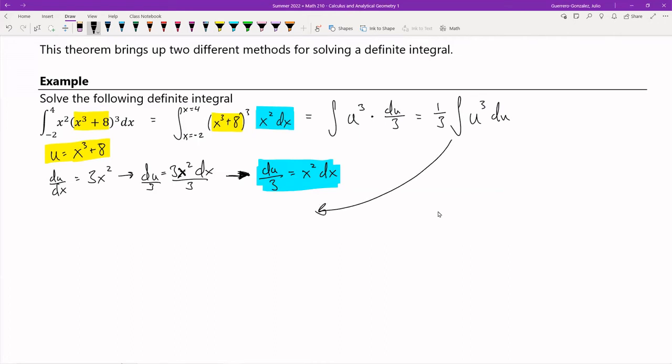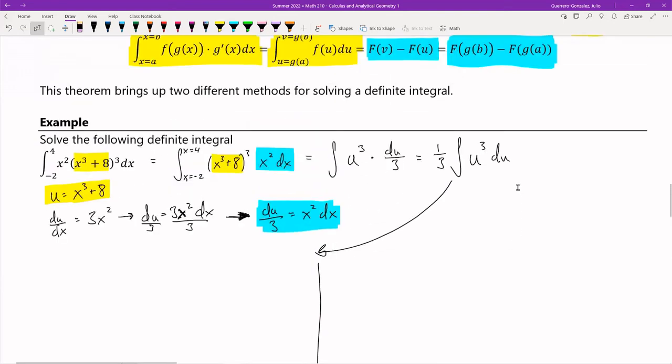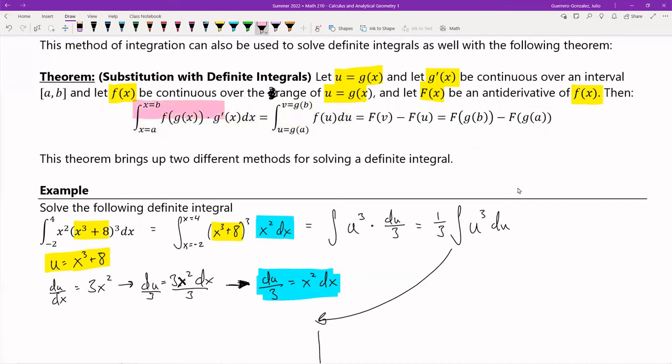I'm going to come down here, and then I'm going to draw a straight line down. From the theorem, I would want to say it this way. These two would match, this one and this one would match.